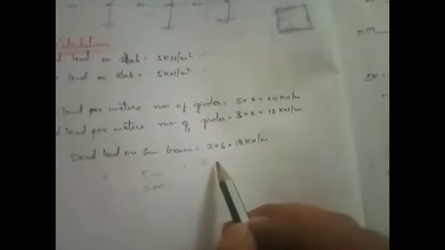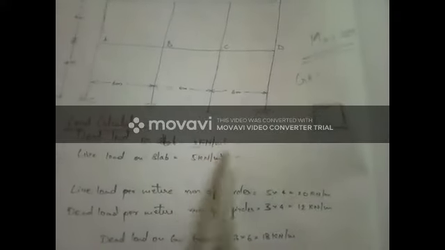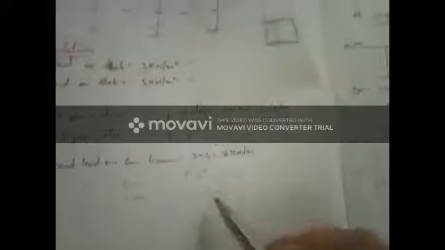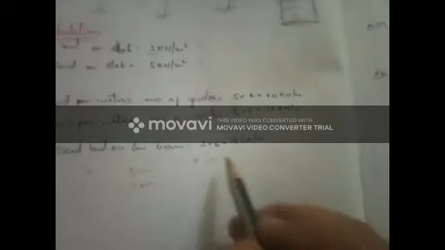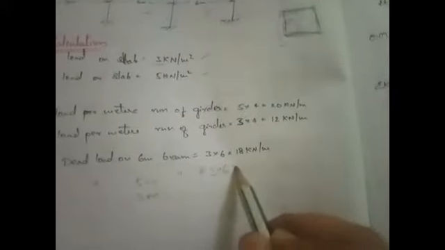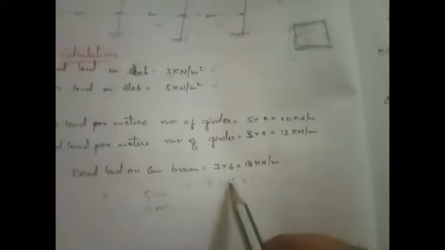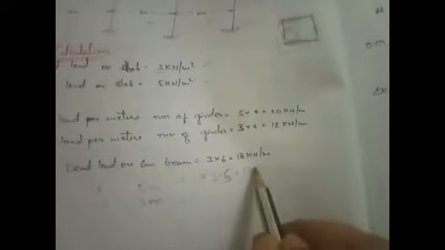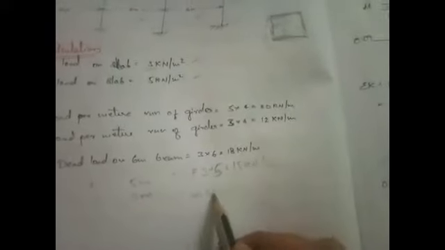The dead load is given per cross section area, we are converting into per meter, that is uniformly distributed load. So 3 into 5 is 15 kilonewton per meter, and if we have a 3 meter span, 3 into 3, that is 9 kilonewton per meter.